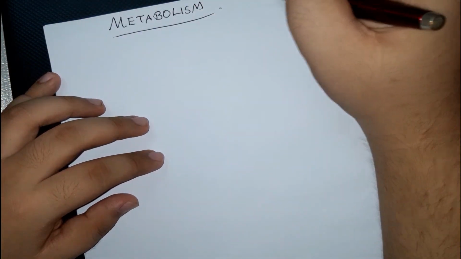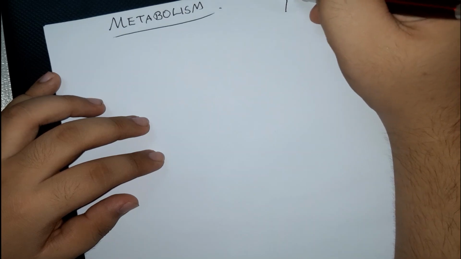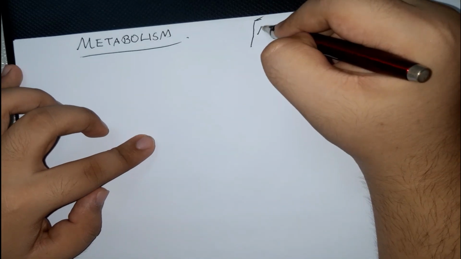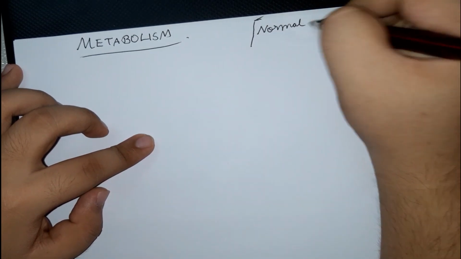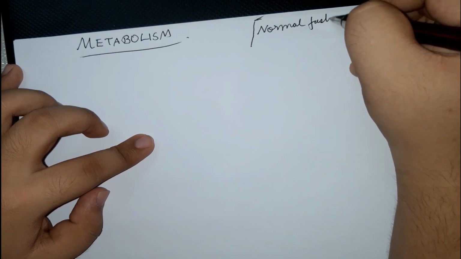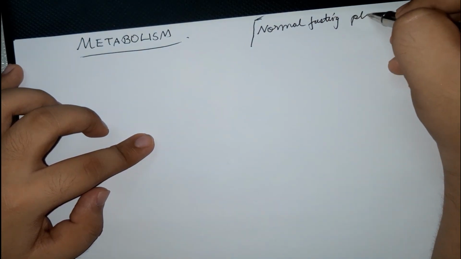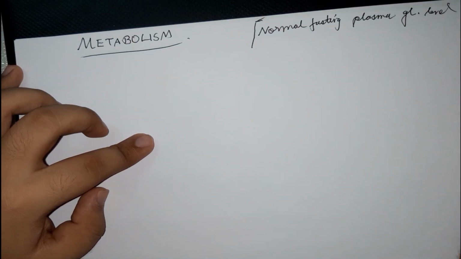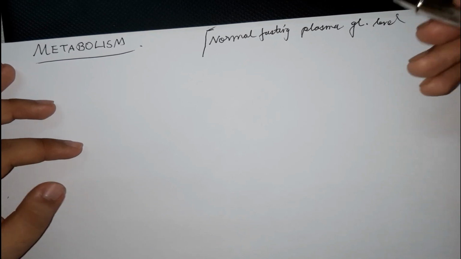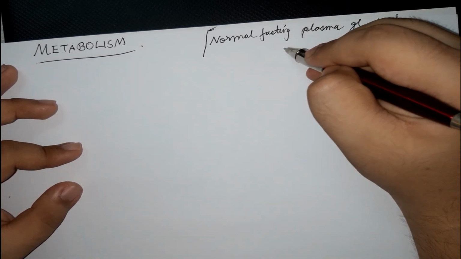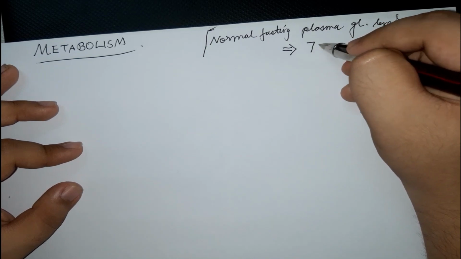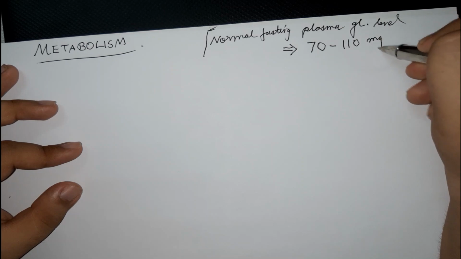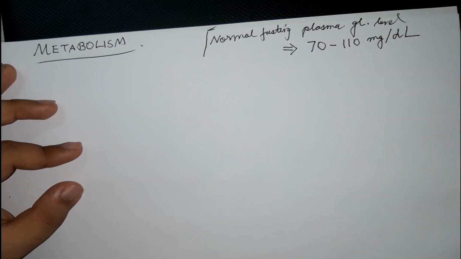So here is the thing. The normal, let me write it here in a side note, the normal fasting plasma glucose level is in the range of 70 to 110 mg per deciliter.